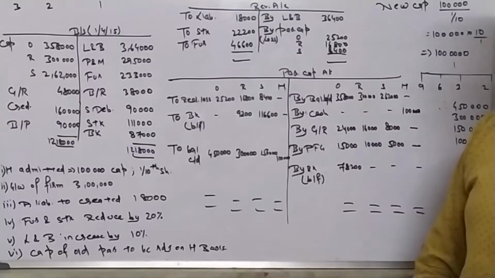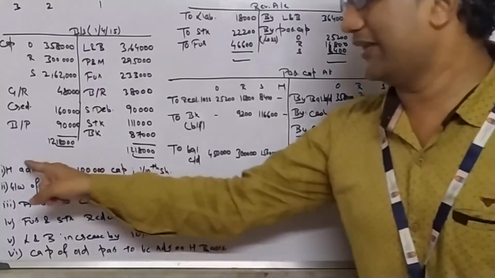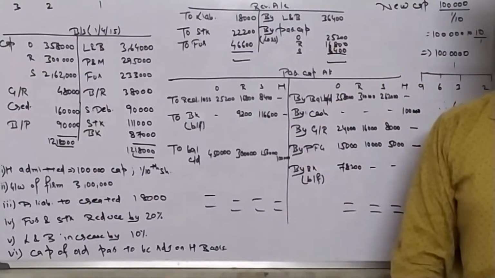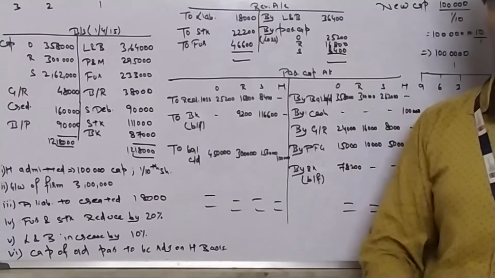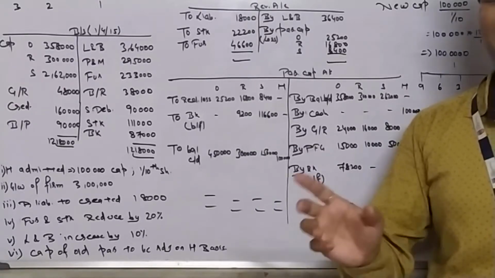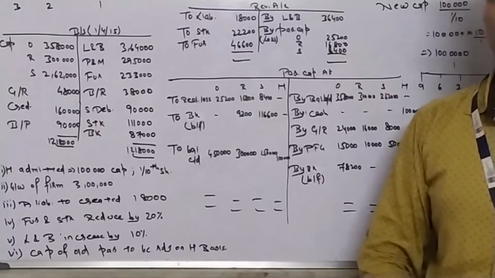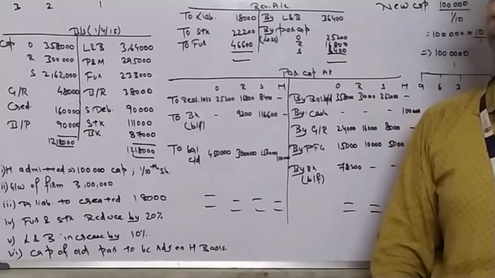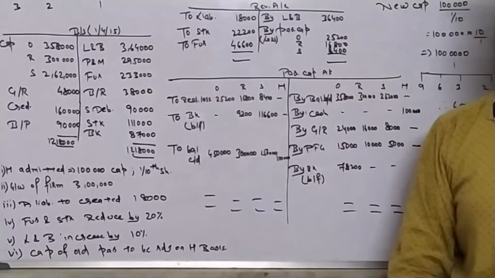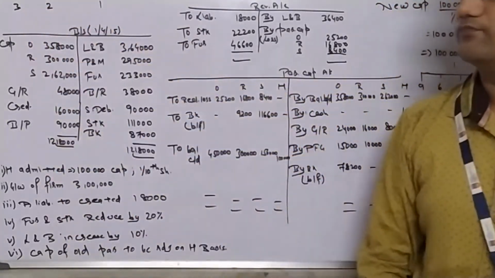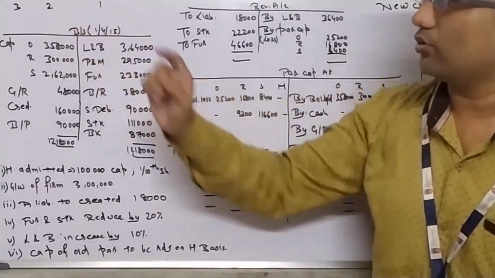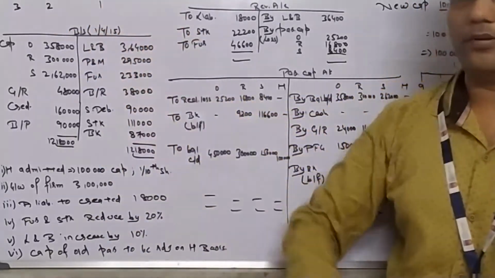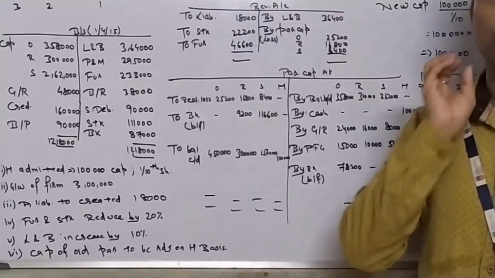How will we calculate it? 1/10 is the share of H. The total share of profit is 1. If we reduce 1/10, 9/10 remains. That will be divided among the three partners in 3:2:1. That means 9/10 into 3/6, 9/10 into 2/6, 9/10 into 1/6. That will be the new PSR.